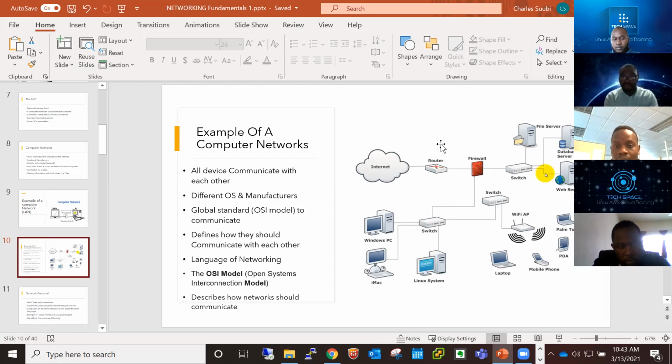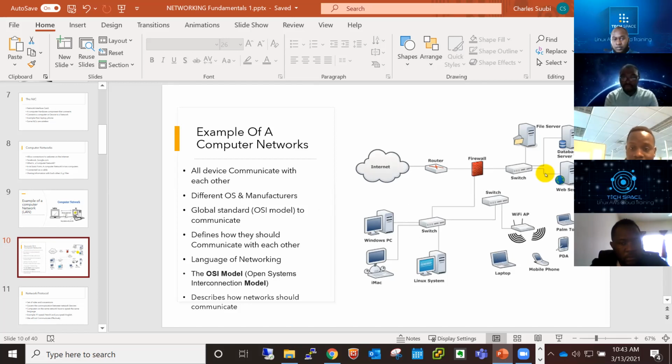So we shall look into that concept called interoperability later on, whereby there are different servers from different vendors, but they are able to operate and talk to each other. So we shall look at the Open Systems Interconnection model, which is a model that describes how networks should communicate. So guess what, guys?